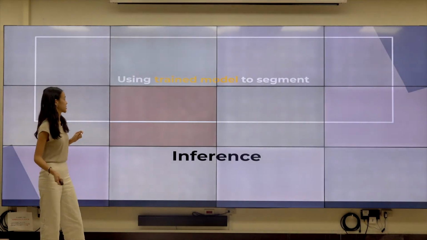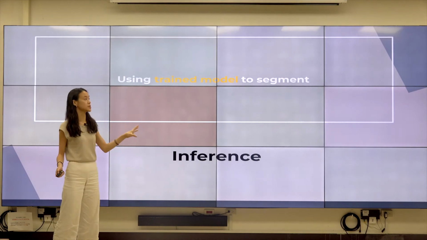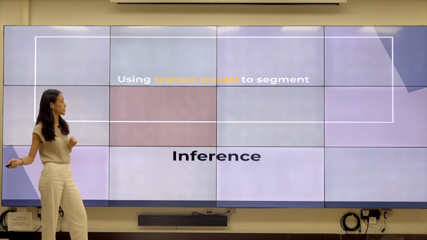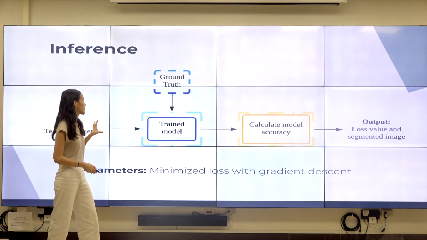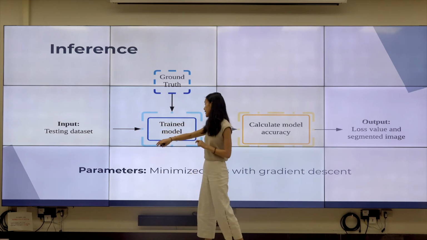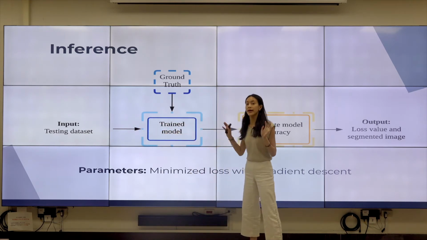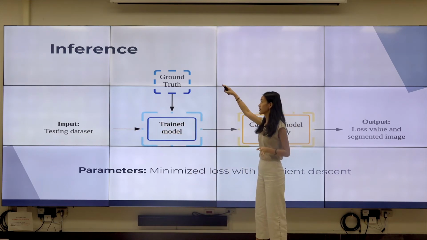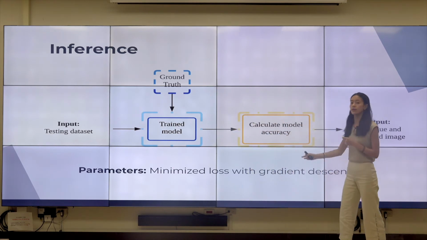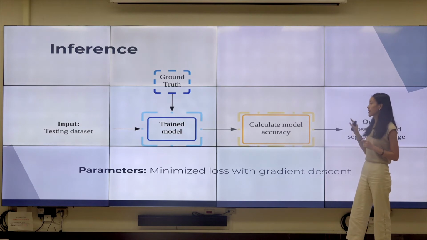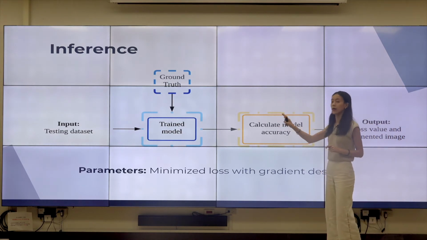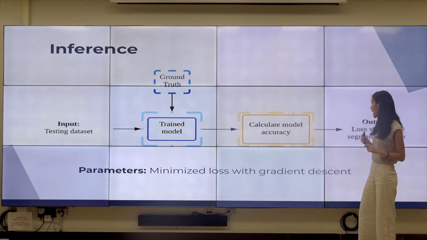So for the inference section, which is basically using the trained model to segment the testing data that we currently have, the input is the testing data set. Using the trained model that we have from before, we would have the ground truth that would also come in at the same time. And it calculates the model accuracy by comparing the ground truth and the testing data set depending on the trained model that we originally had.